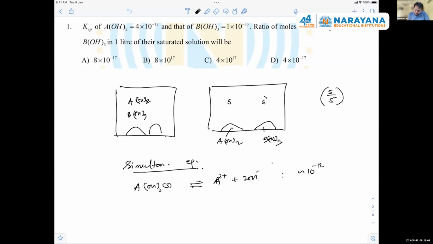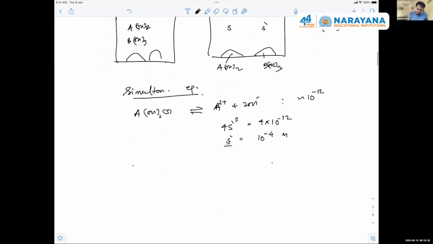So very quickly we come to know that 4 S dash cube will be of the order of 10 to the power minus 12, or basically 4 into 10 to the power minus 12. So clearly this S dash is equal to 10 to the power minus 4.